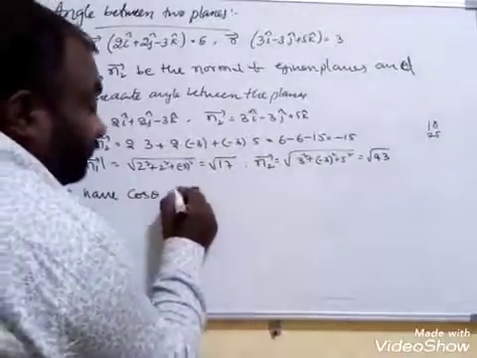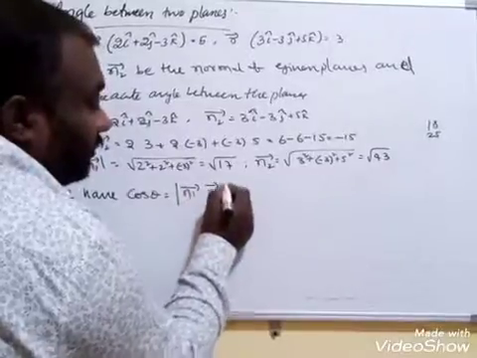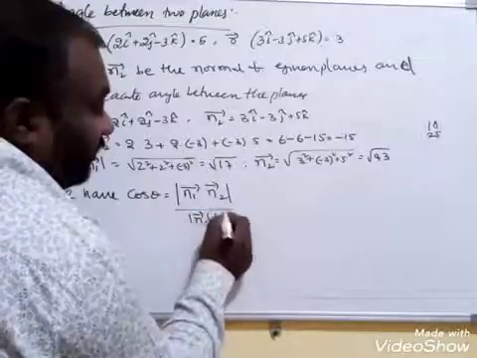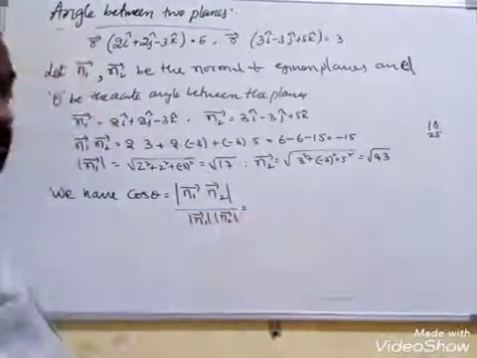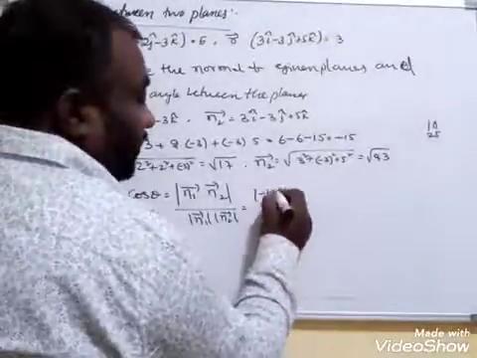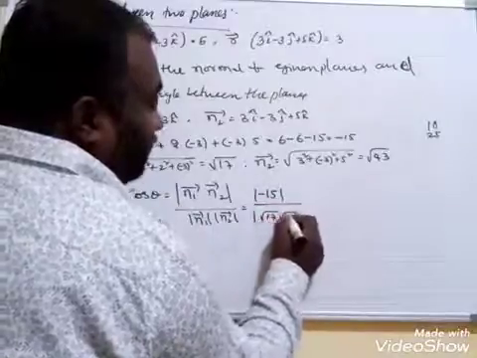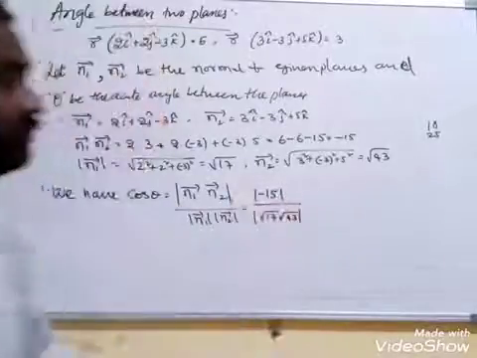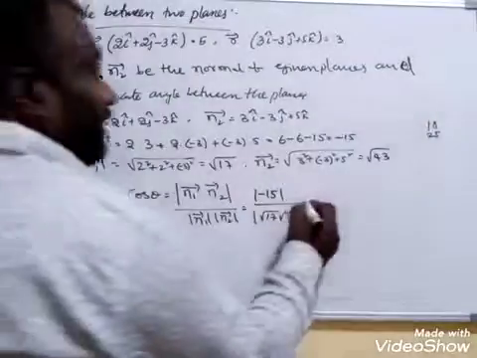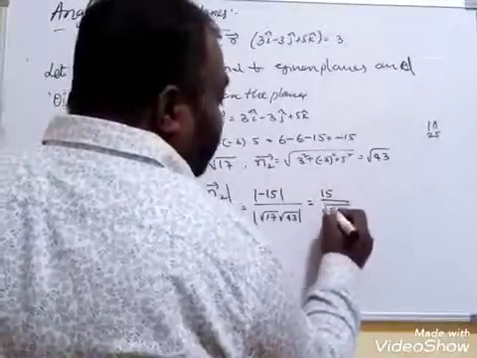Now here we have cos theta is equal to modulus of n1 bar dot n2 bar by modulus of n1 bar into modulus of n2 bar, that is modulus of minus 15 by root 17 into root of 43. Finally we get 15 by root of 731.